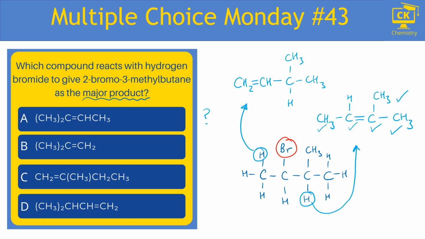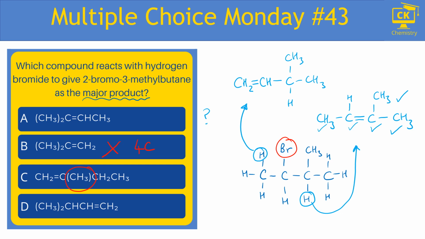I can immediately discount B, and the reason that I can immediately discount B is it only has 4 carbons in total, and my molecule has 5 because it is methyl butane, so it's going to have the butane and then a methyl group too. 1, 2, 3, 4, 5. There's 5 in the next one. However, what's happened there is my methyl group is on that second carbon along, and that's not either of my options.